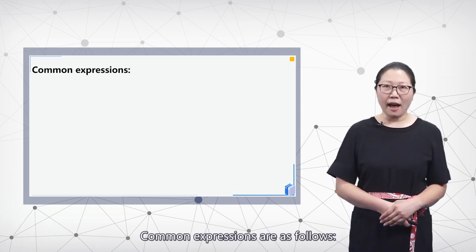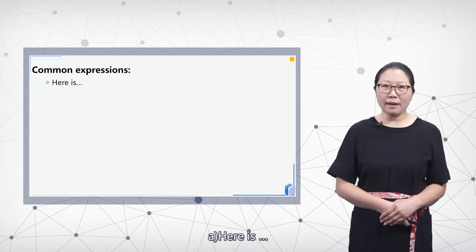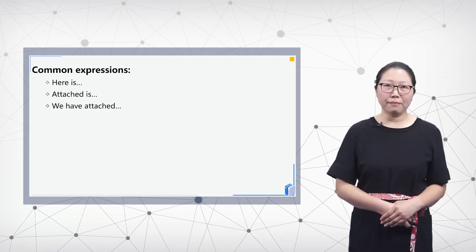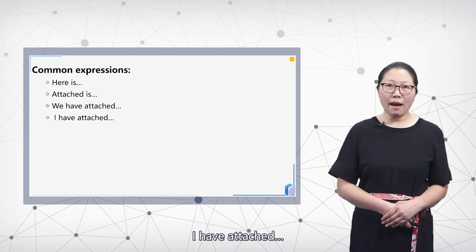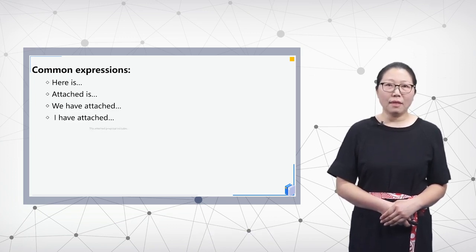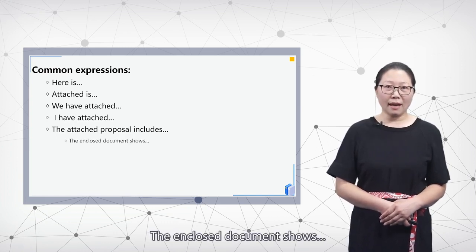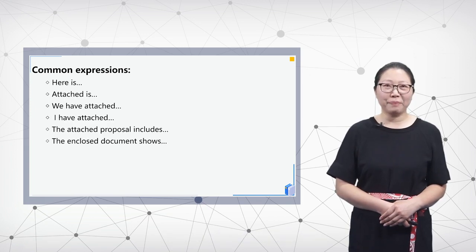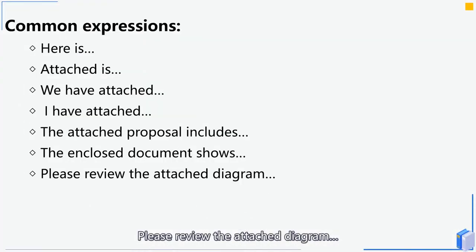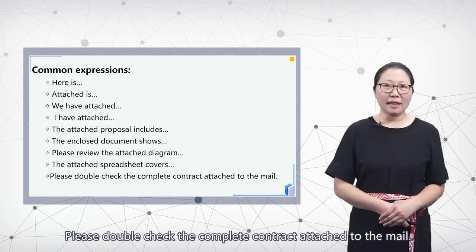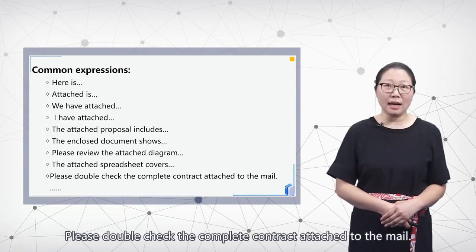Common expressions are as follows. Here is. Attached is. We have attached. I have attached. The attached proposal includes. The enclosed document shows. Please review the attached diagram. The attached spreadsheet covers. Please double-check the complete contract attached to the mail.